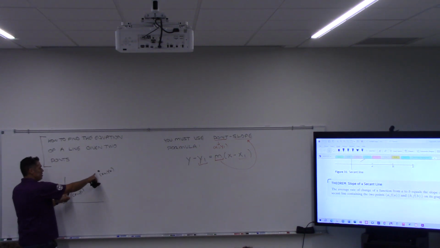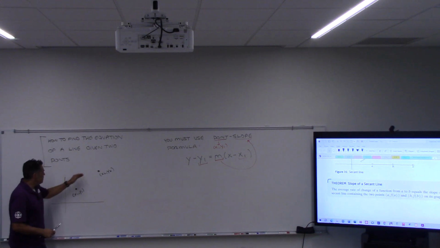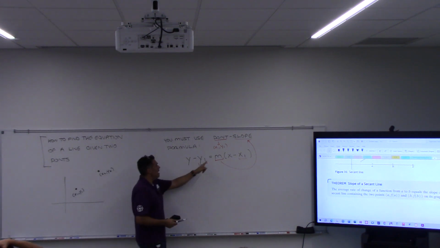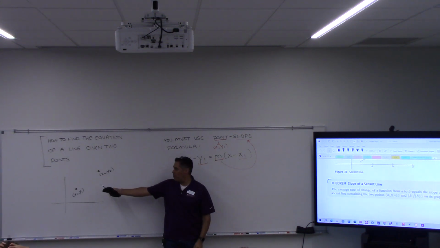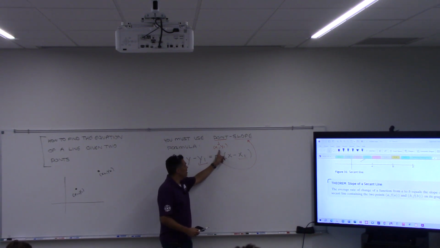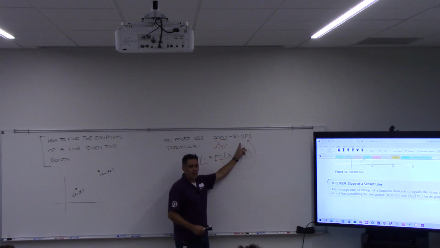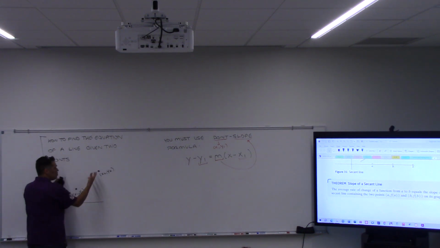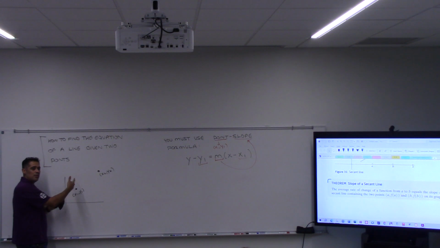So if somebody gives us 2 points and we want the equation of the line, this formula tells us how to do it if we have 1 point. Do we have 1 point? Yeah. We actually have 2, but we have 1 at least. And do we have the slope? So if I give you 2 points, do you know the slope? Not directly, right? But could you calculate it? Yes. How do you get the slope of the line connecting these 2 points?